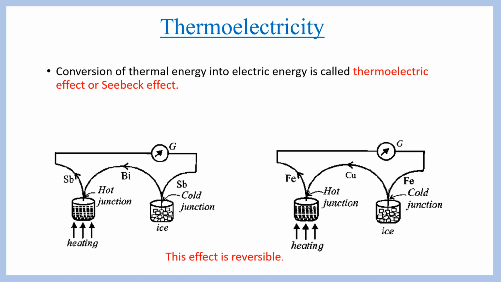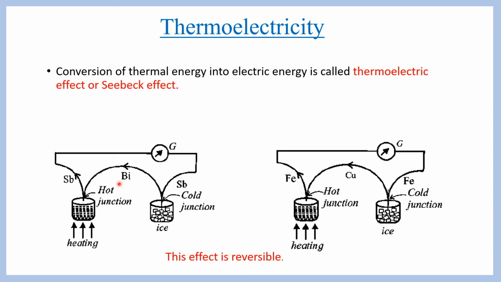Now, when you are joining two dissimilar metals, two junctions will be formed. If one junction is heated and the other junction is cooled, you will get two junctions, one hot and the other cold. And it is found that a small EMF is generated, which will allow a small current to flow through the metals that are joined together.